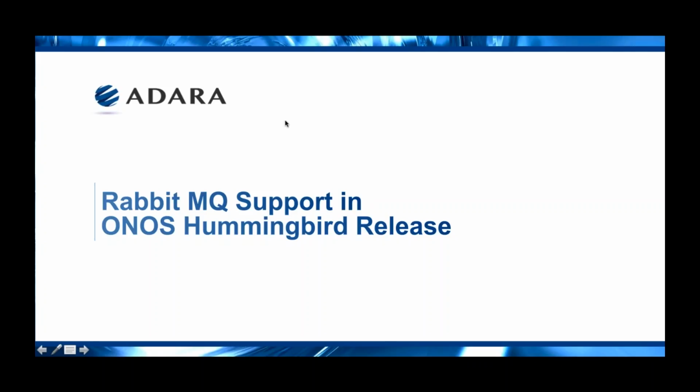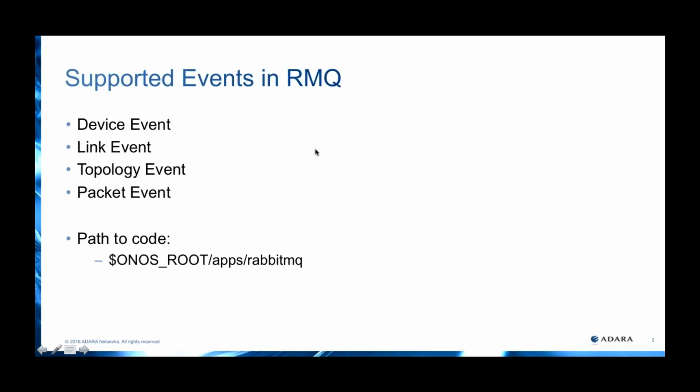So in the first release we have support for these event types. So we have a device event. Let me explain how the feature works. Basically, the RabbitMQ module is an application inside ONOS, and this application can be activated or deactivated at runtime.